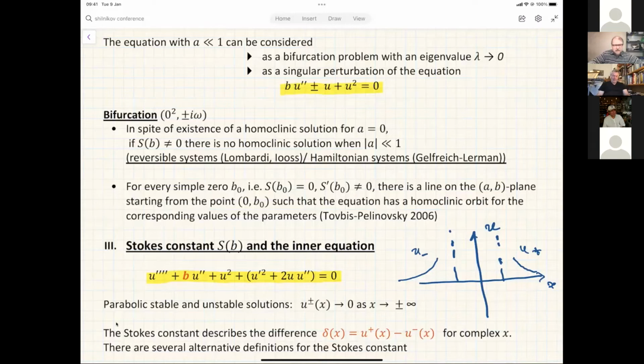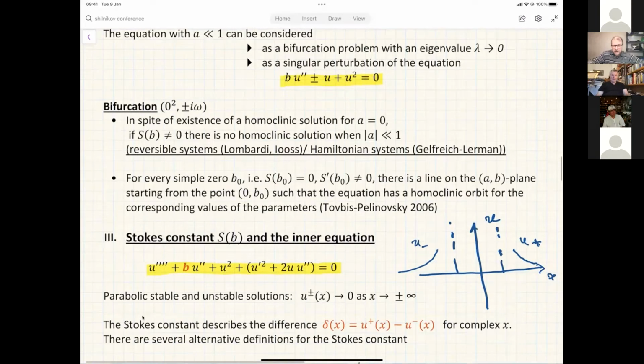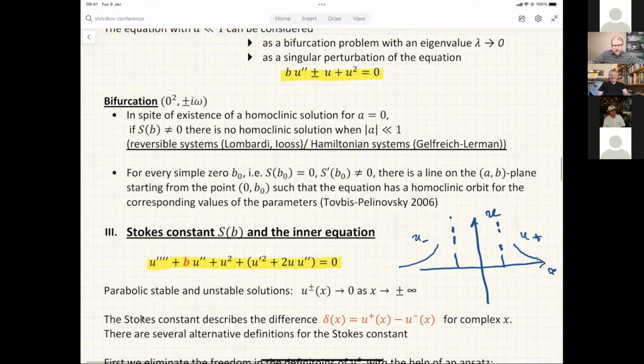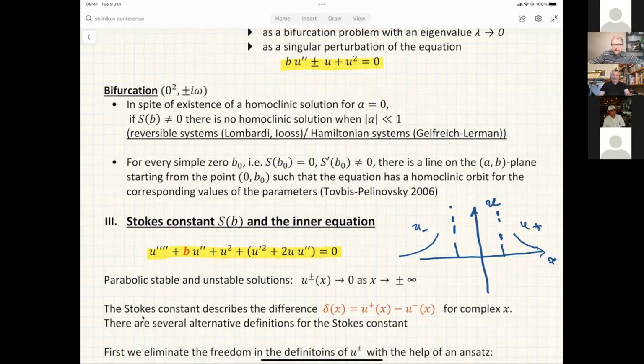And then the Stokes constant describes the size of the difference between u plus and u minus. So why is it a constant and not a function? You see that u plus is a function, u minus is a function, so the difference is a function. And we need a short method to define this difference and characterize it by a single number.